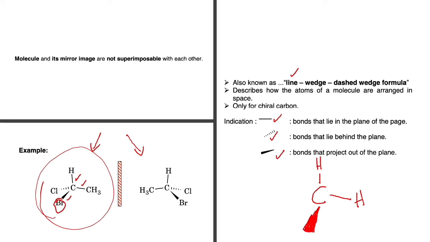Okay, you have to color it. Okay, Br. Okay, kalau ke belakang, it should be 1. Dia garis macam ni, putus-putus. That's why we call it dash wedge. But it is getting smaller like this. Which means chlorine is actually at the back of the projection. Okay, so kena lukis seperti ini. So, mari kita buat latihan.